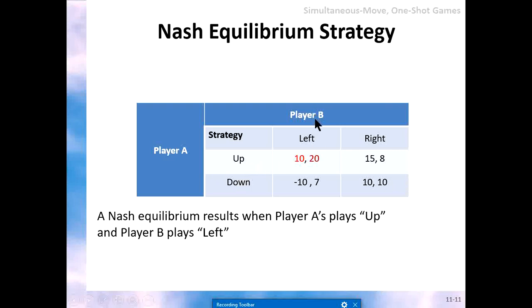Therefore, he will choose the left, because if he chooses the right, he will get only 8 and player A will get 15. So since he knows that player A has the dominant strategy of playing up, he will choose the left, and this will be the Nash equilibrium.